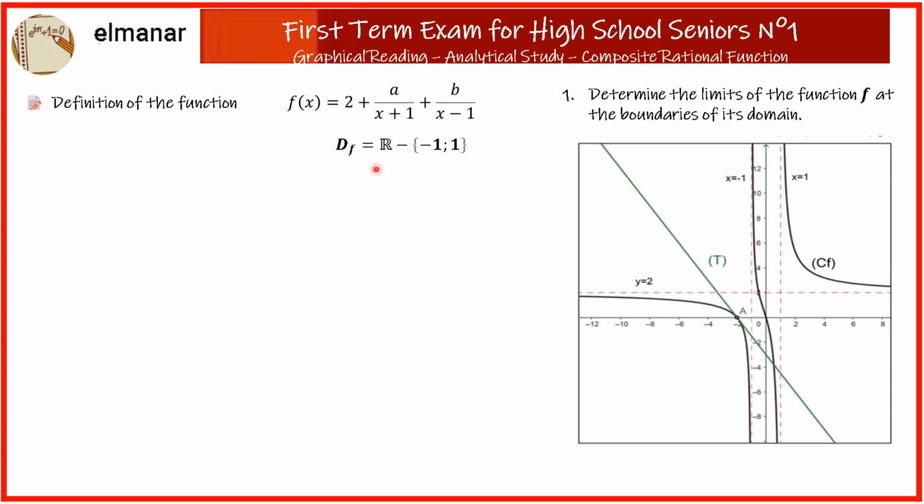This type of function is known as a rational function. The structure of the function f consists of 3 distinct components: a constant value equal to 2, a first fractional term whose denominator is x plus 1, a second fractional term whose denominator is x minus 1.